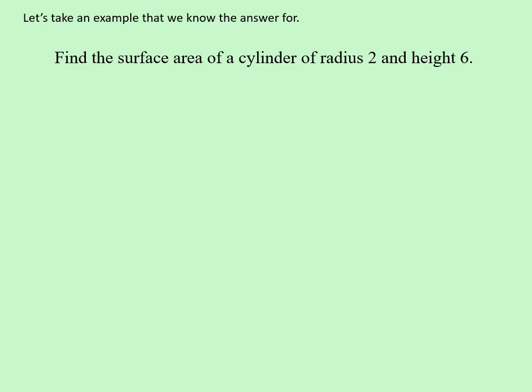Now, to show you how this works, we will do a simple example of something that we know the answer to. So we're going to find the surface area of a cylinder, radius 2 and height 6, which according to our geometry formula should come out to be 24 pi.